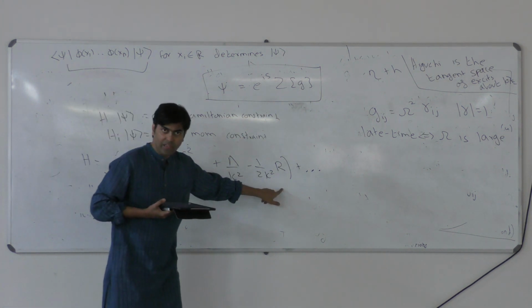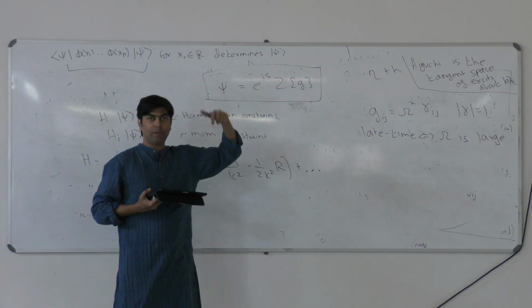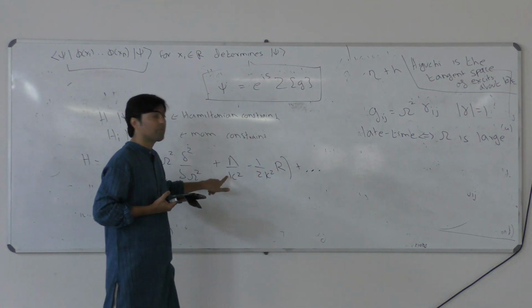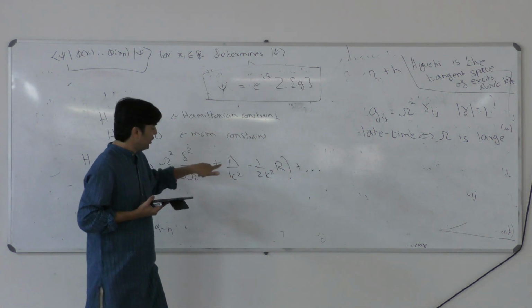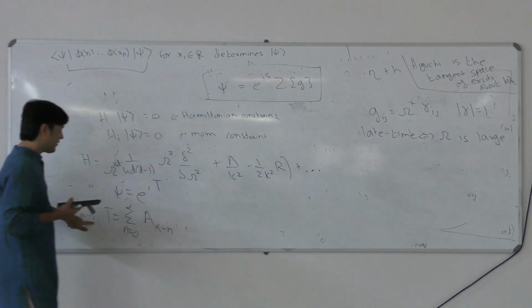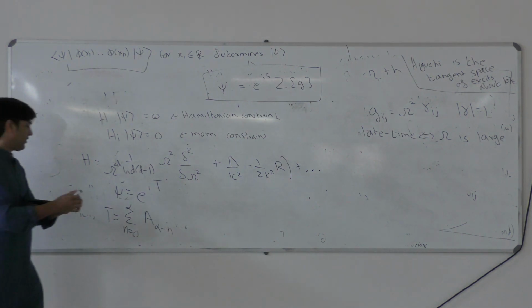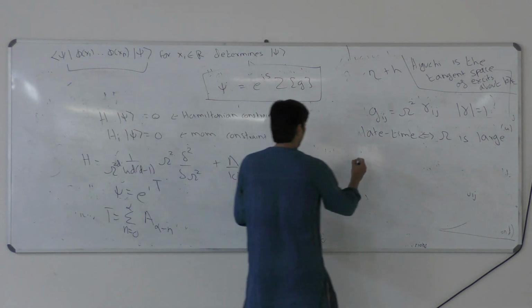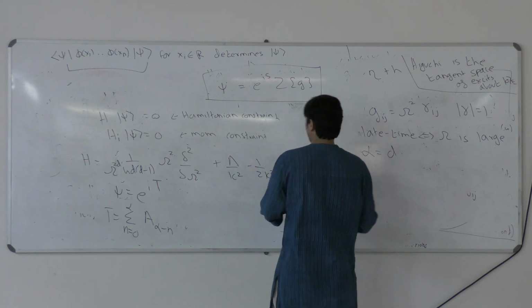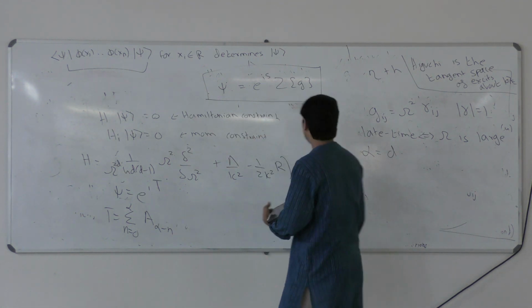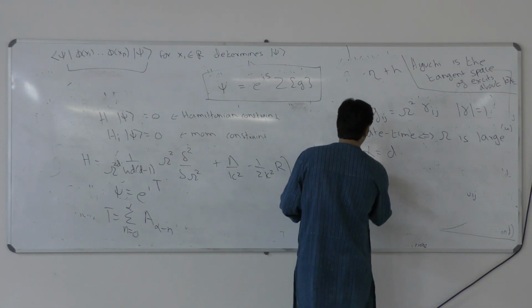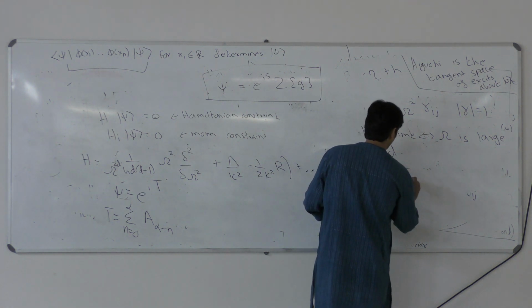This is the Ricci scalar term, but the Ricci scalar term is always down by a factor of 1 over the conformal factor squared compared to the cosmological term. So this is the term that dominates, the largest order term, and you can check that the first, this forces alpha is equal to d, that's the highest order term that can appear, and the leading term basically takes the form root g.